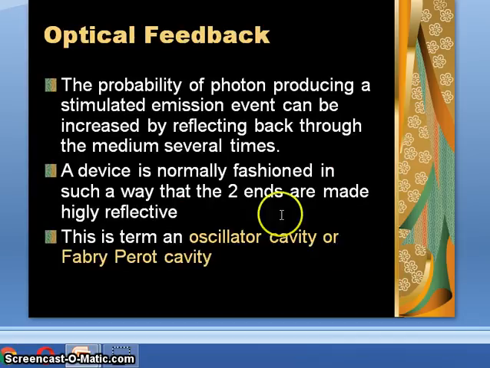Optical feedback: the probability of a photon producing a stimulated emission event can be increased by reflecting it back through the medium several times. A device is normally fashioned in such a way that the two ends are made highly reflective. This is termed an oscillator cavity or Fabry-Perot cavity.